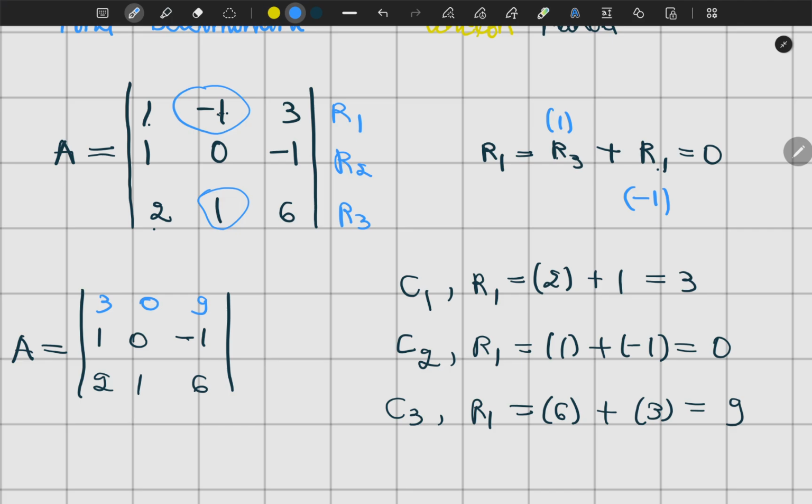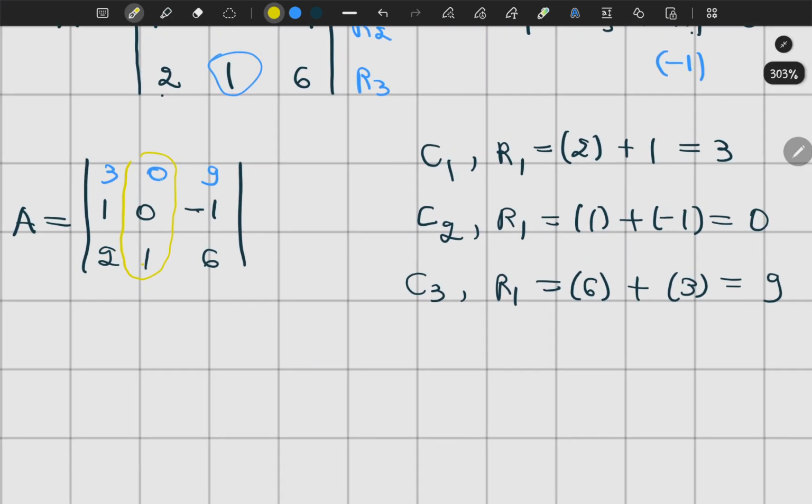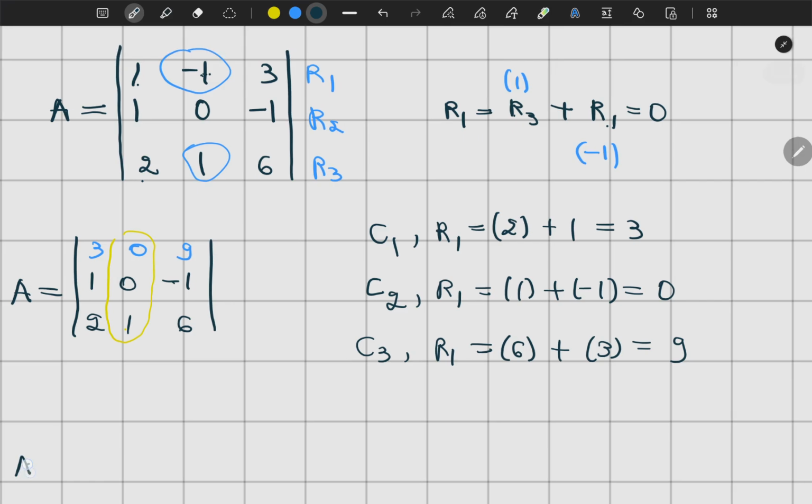Now you can see we have two 0s, so we're only going to work out one determinant, written as 0 plus second 0 and then the last one.